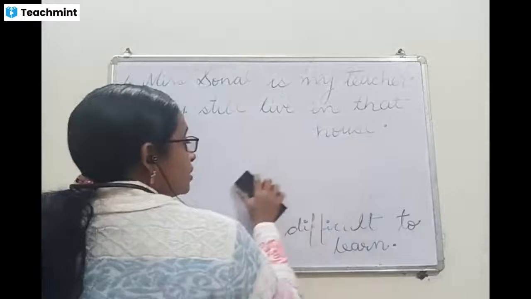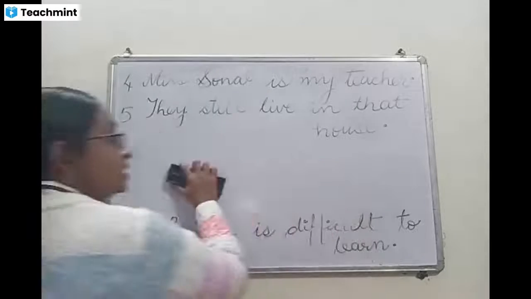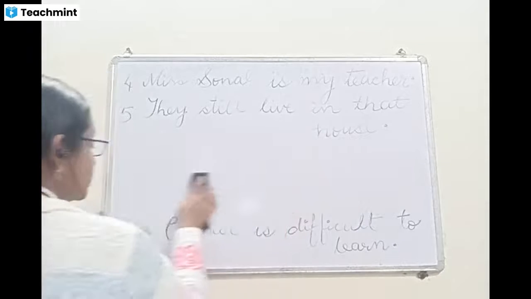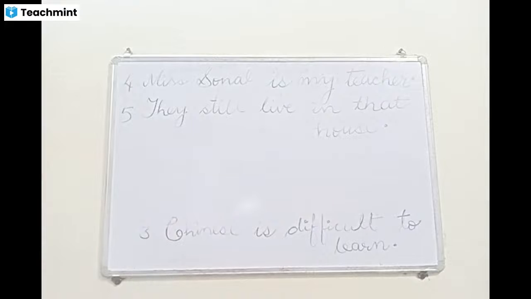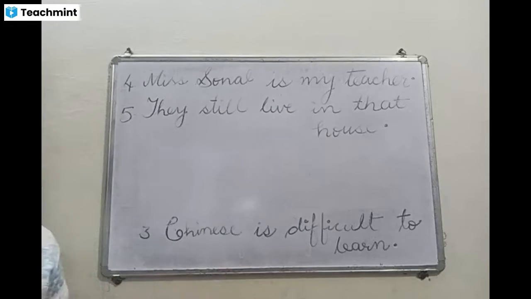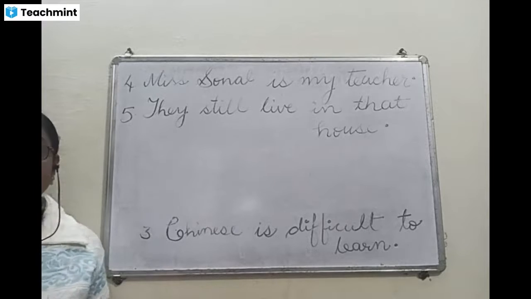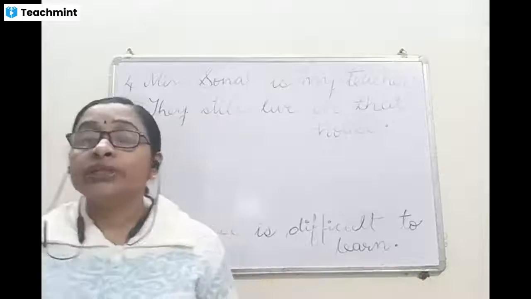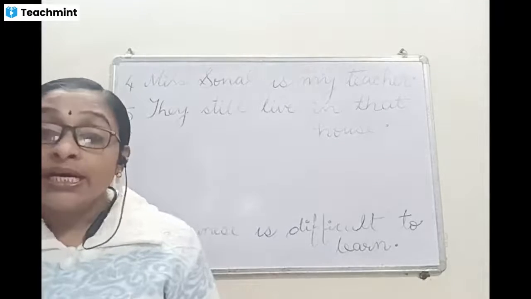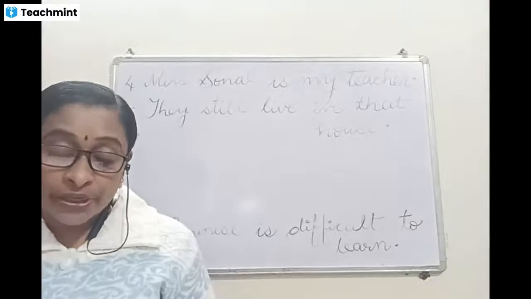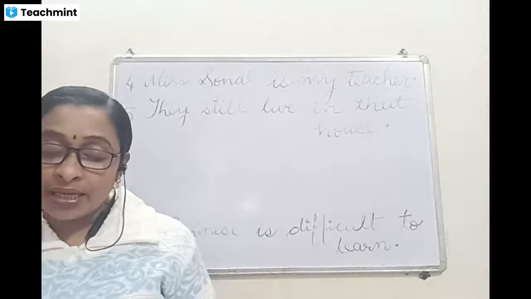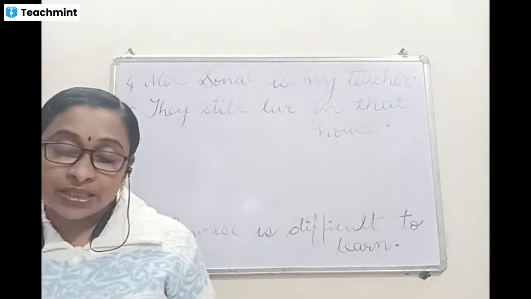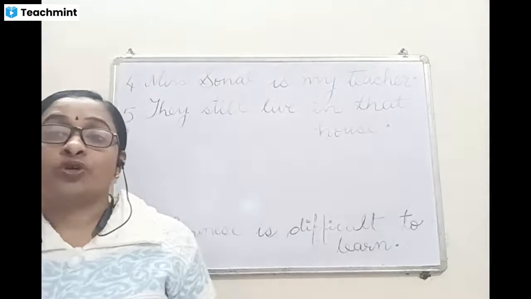Now, children, we are going to do exercise B. In exercise B, what we have to do? All of you look in the book and read the question. Rewrite the following sentences by putting capital letters, commas, and full stops.